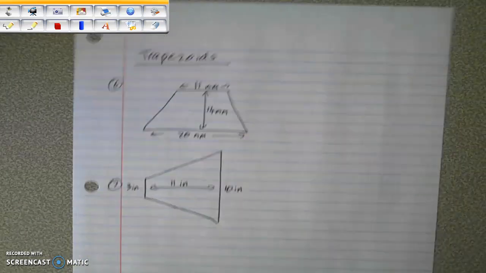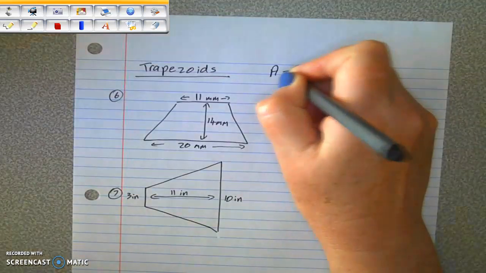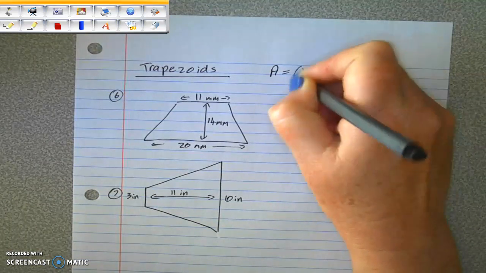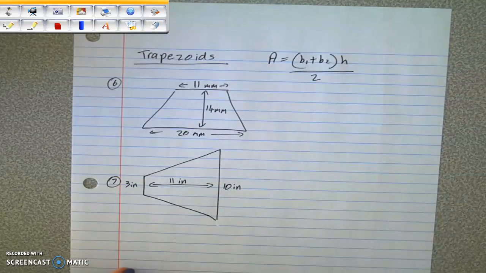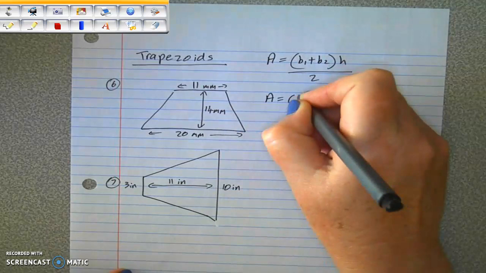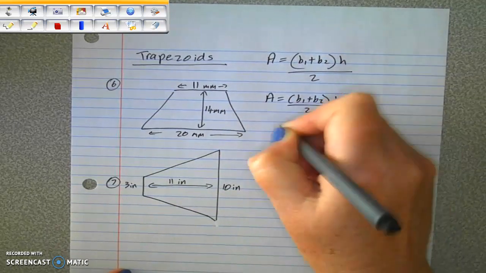Last one we're reviewing is the trapezoid. And the formula for the area of a trapezoid is base 1 plus base 2 times the height divided by 2. So let's use that. So area is base 1 plus base 2 times the height divided by 2.